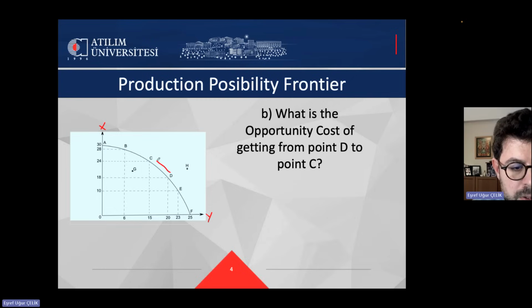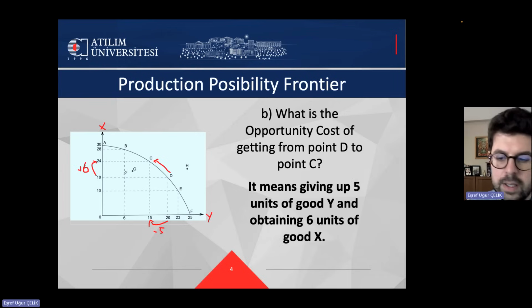So we move C to D. We can give up 5 for Y and we get 6 units of X. So what's the opportunity cost of moving D to C? For giving 5 units of Y and get 6 units of X. Okay?